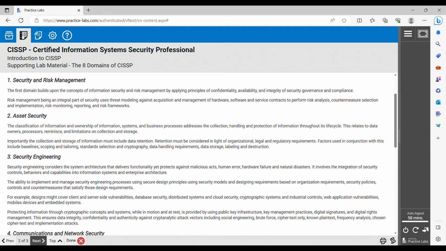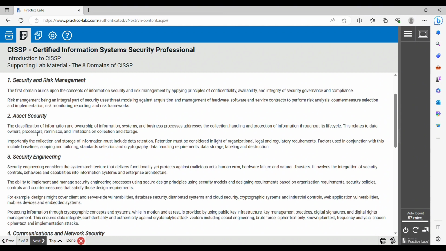Number 2. Asset security. The classification of information and ownership of information systems and business processes addresses the collection, handling, and protection of information throughout its life cycle.